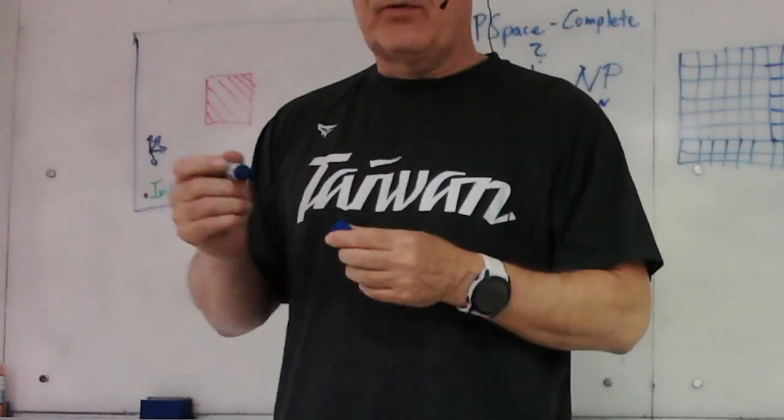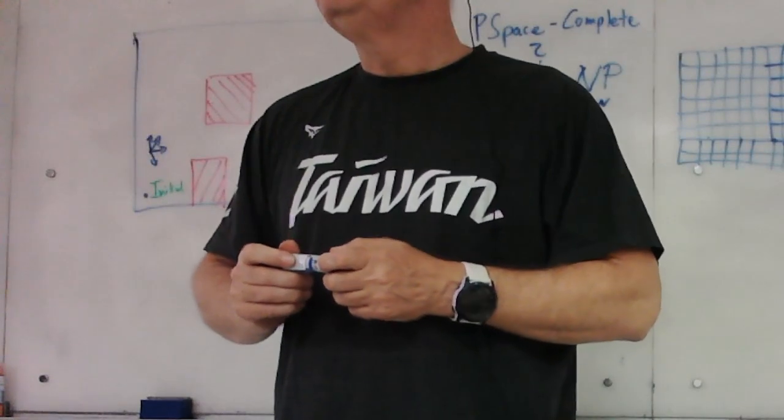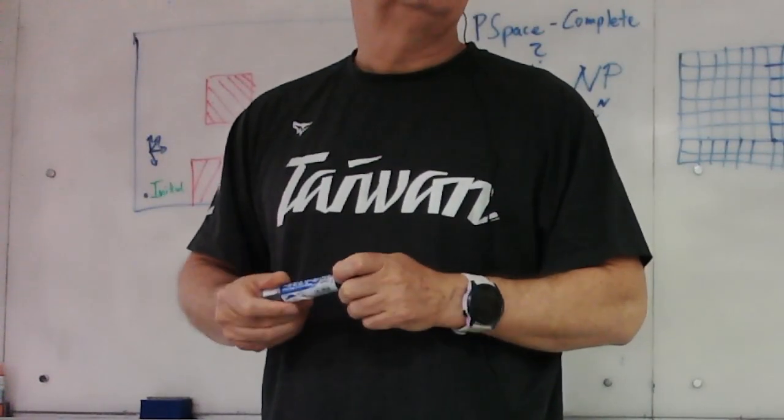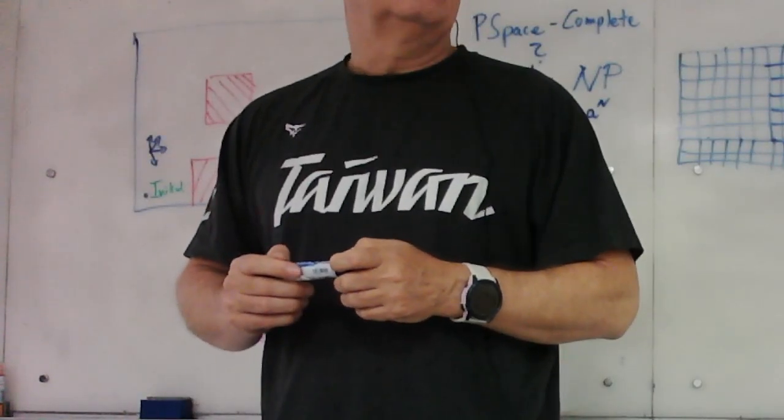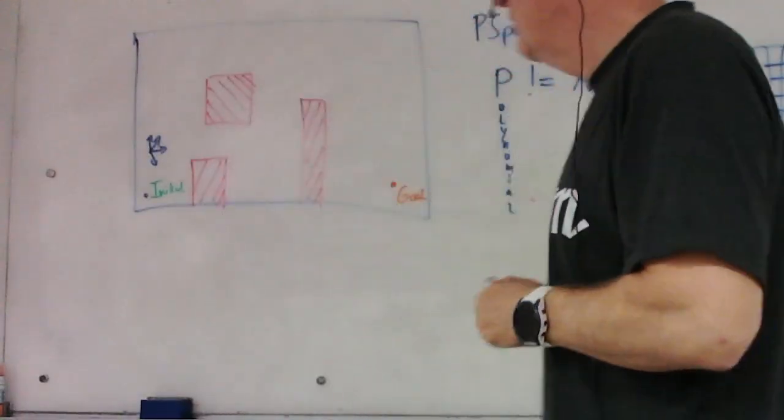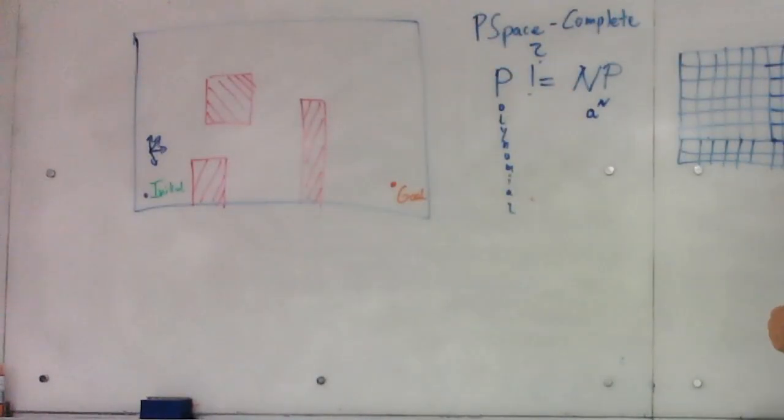How many grains of rice would he ask for? Well, almost. There is a total of 64 squares.